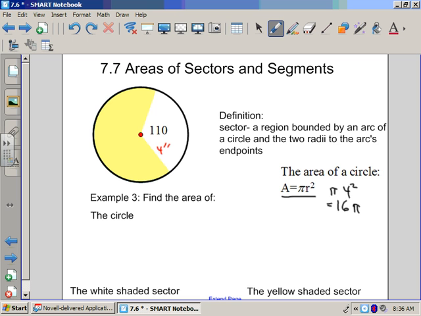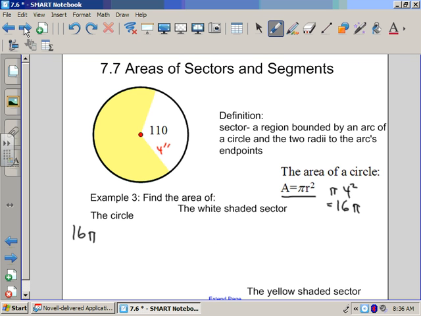When I'm trying to find the area of a sector, all I'm trying to find is a proportion of the circle based upon the area, which is going to depend upon the measure of the central angle. So over here I've got the area of the circle is 16 pi, and now I want to find the area of the white shaded sector.